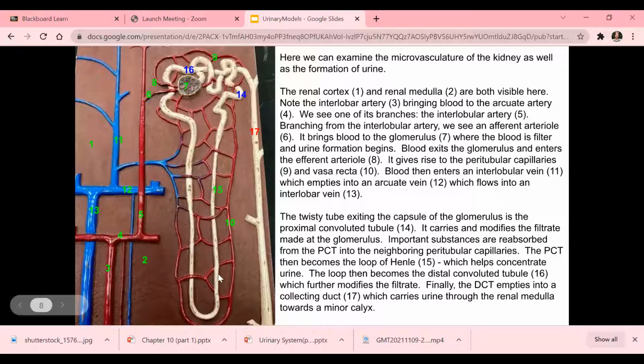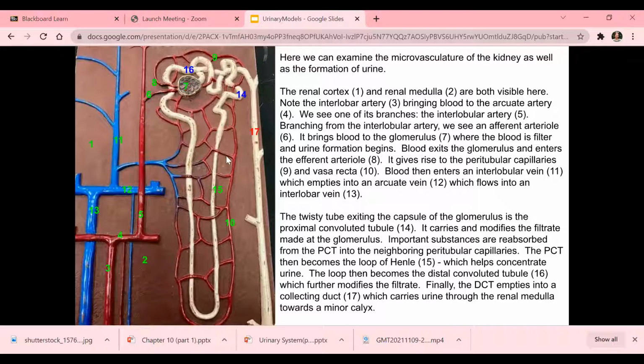This wrapping in the cortex is called peritubular capillary, and in medulla we call it vasa recta. You can see peritubular capillary by number 9 and vasa recta, which is number 10.